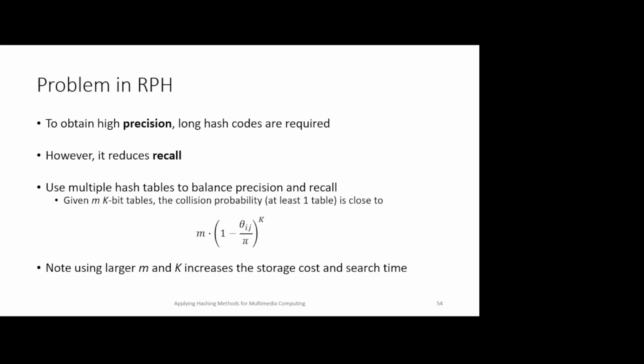But the probability will be very small if you use a large k, right? So for each table, the probability is like this. But if it's very small and you want to increase your recall, you can extend it to n tables, so that your collision rate, your hit rate, will be increased, as this. It's just the same as we showed you last week. Let me show you.